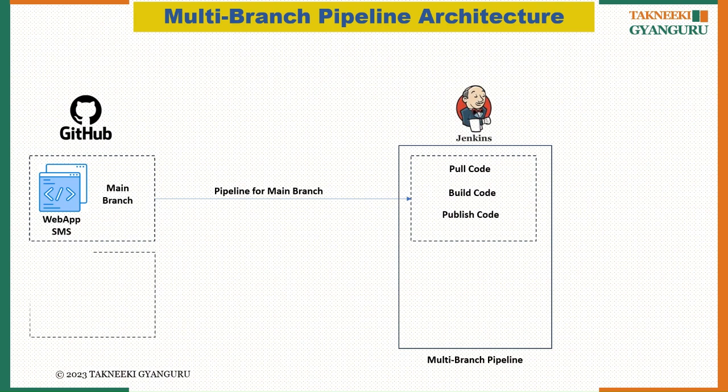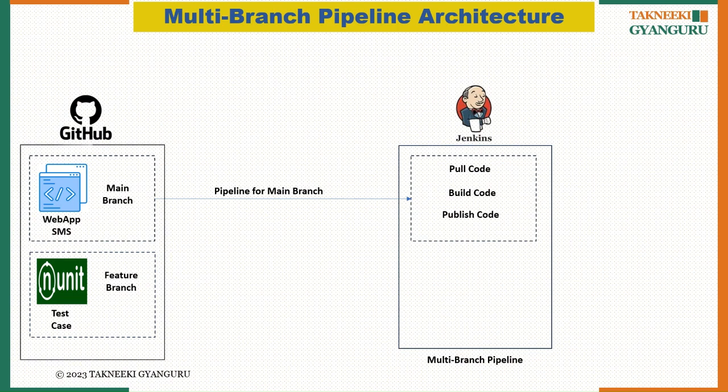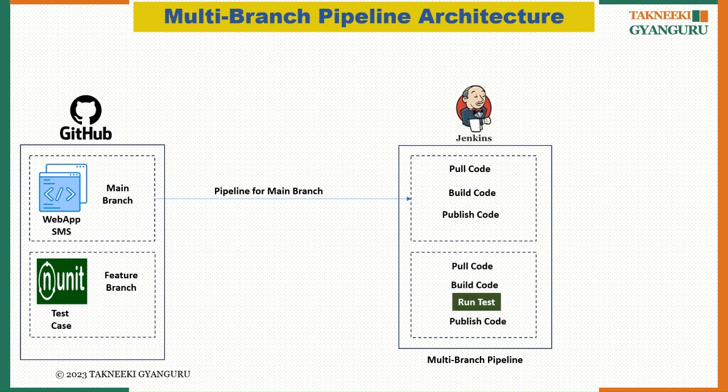Now if I create another branch, like I just added unit test cases inside this web application and created a new branch called feature branch, like feature 1, feature 2, whatever. If I create a new branch over here, then inside Jenkins it will automatically scan the branch, and then it will create another separate pipeline for the unit test case feature branch, and execute it.